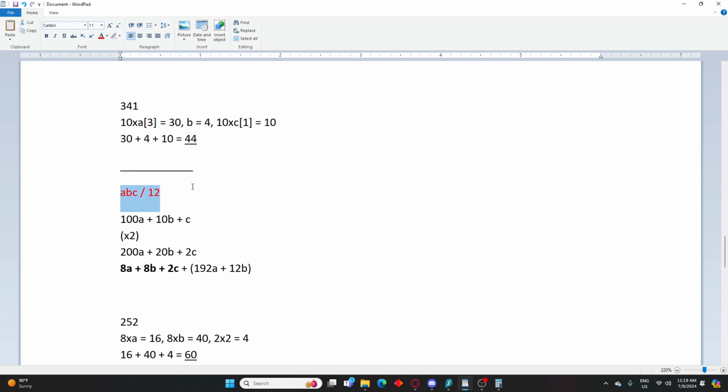ABC divided by 12. So how do we do it when it's divided by 12? There probably is a better way to do it, but actually, wait. If it's divisible by 3 and divisible by 4, doesn't that work instead?